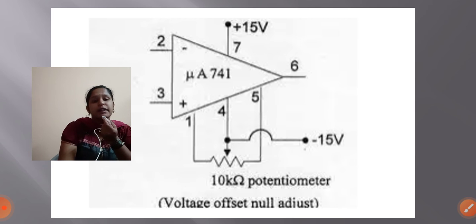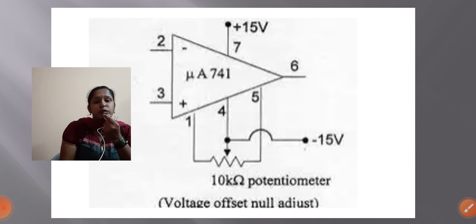Yes, that is the meaning of that one. It is the input you are giving, to adjust the input voltages. Why? To protect the IC741, so the output doesn't cross the limit, plus or minus 13 volt. The potentiometer will prevent that.